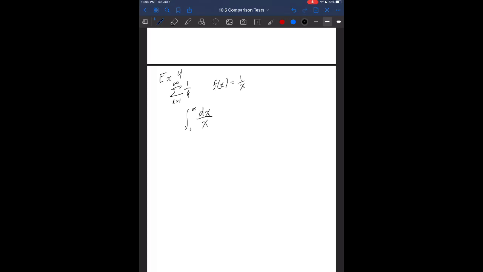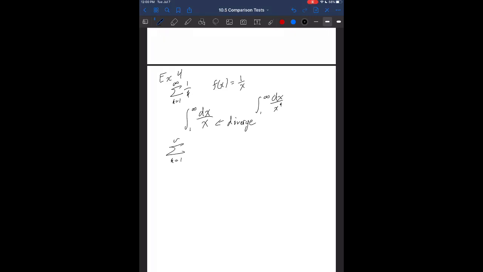However, this is one of the integrals that we have actually figured out before. This is one of these integrals of the form 1 to infinity of dx over x to the k that we talked about a few sections ago. So in particular, we already know, because we've already shown, that this integral is going to diverge.